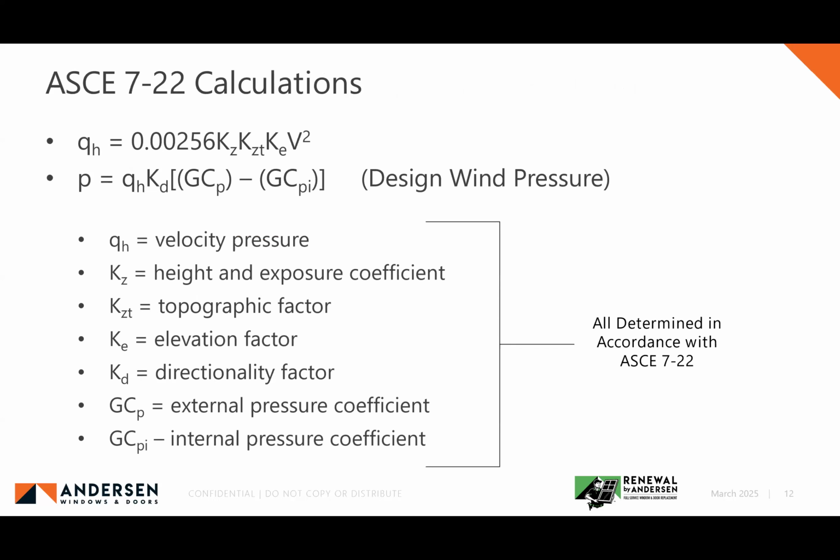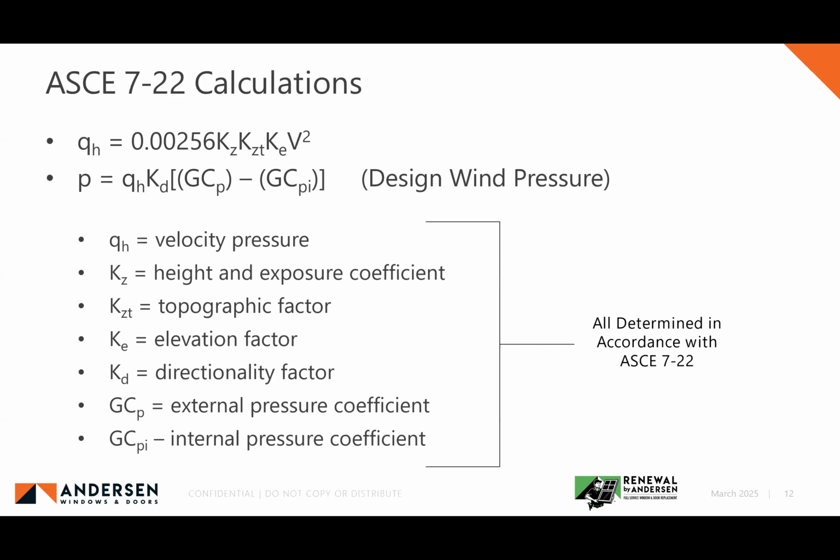So if you went to ASCE 7 to calculate design pressure on windows and doors, this is what you would see, a summary of it. It gets pretty complicated, with two key equations.